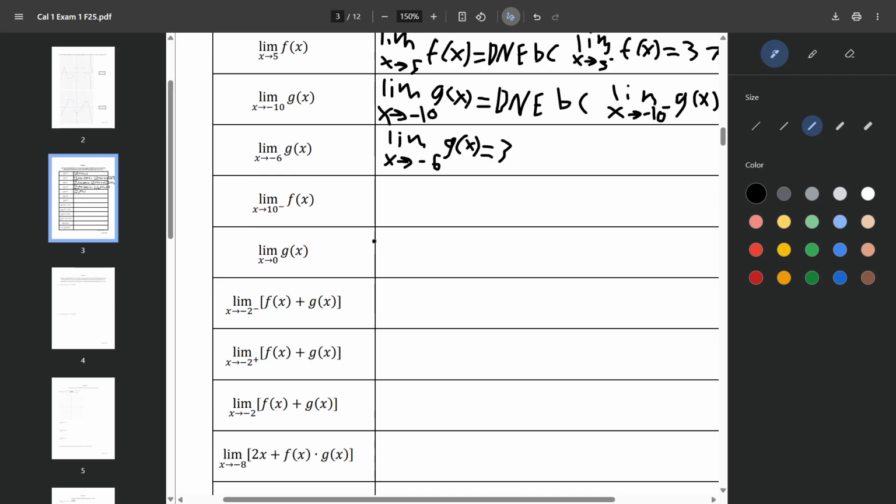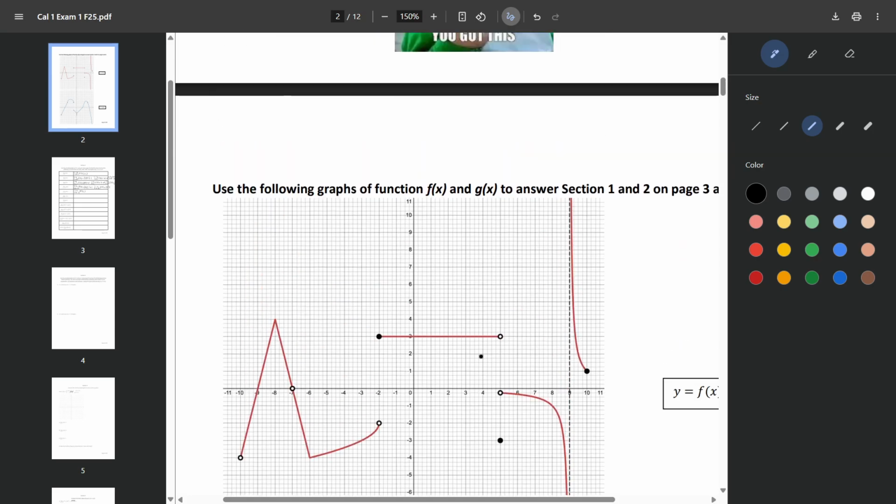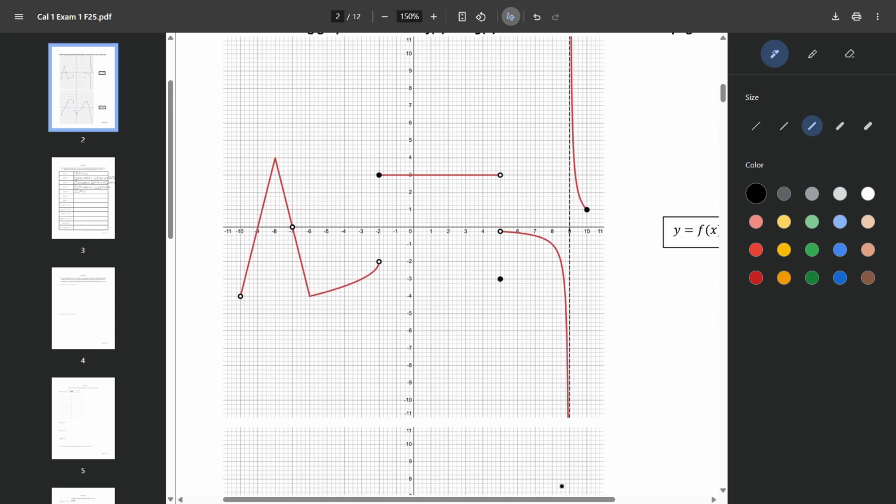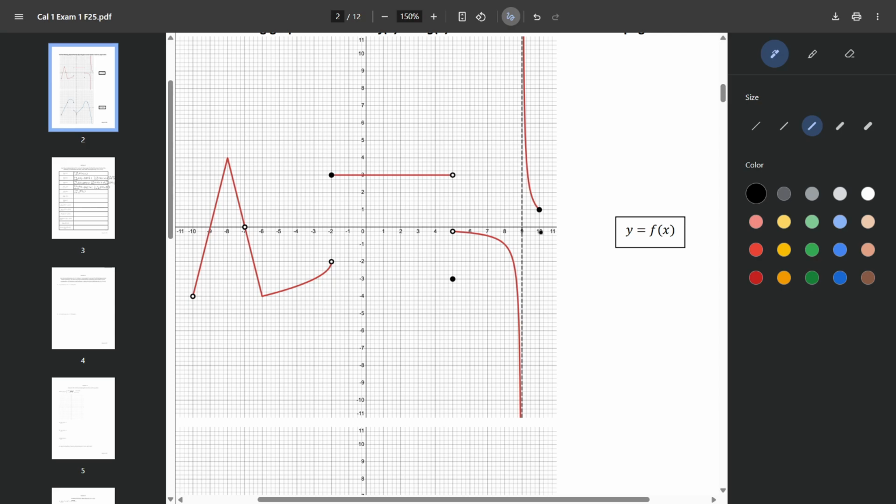Alright, for this next question, it is limit of x approaching 10 from the left side of f of x. So we will go to f of x, and we can see that the limit does not exist for limit of x approaching 10 of f of x. However, this question is specifically only asking for the left part of the limit.